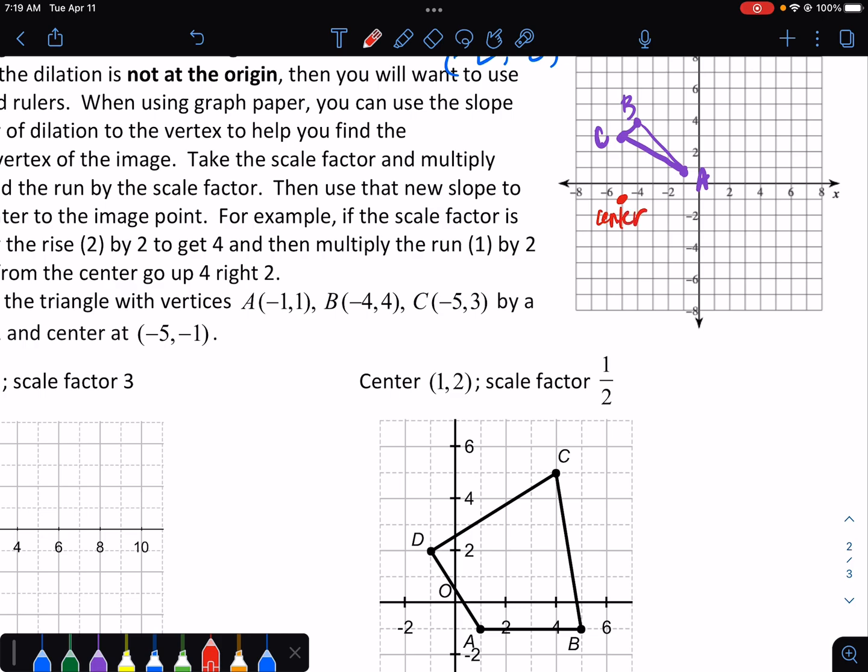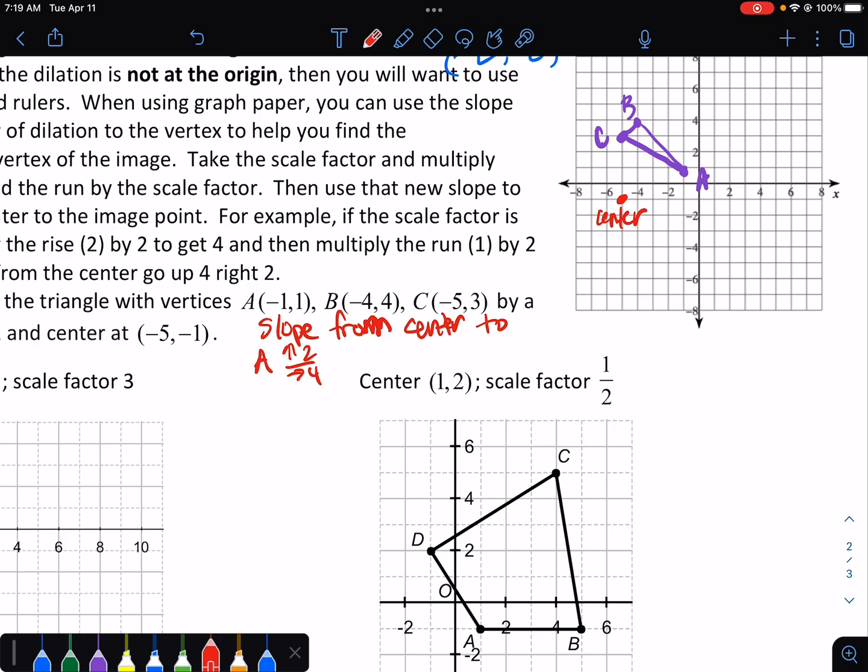So instead of looking at the x and y values and multiplying them by the scale factor, we're going to look at the slope from the center to each point. I like to do the slope from the center to A. So if I'm going from the center to A, I'm going up 1, 2 over 1, 2, 3, 4. So up 2 over 4.